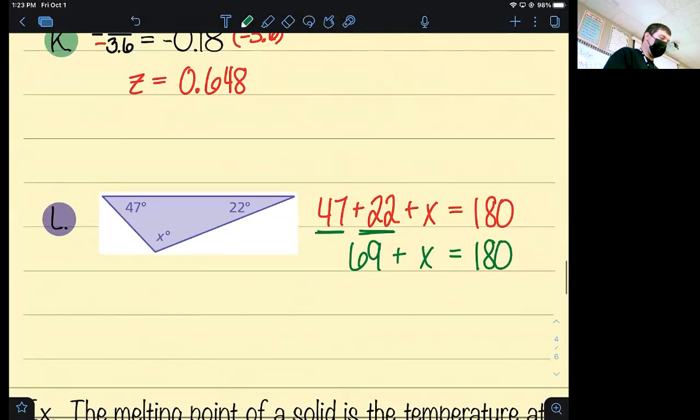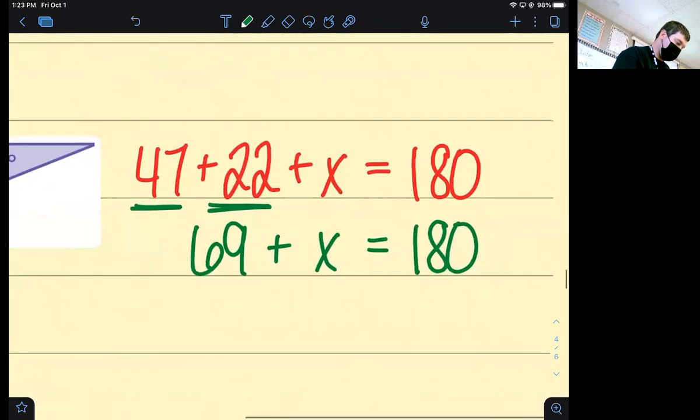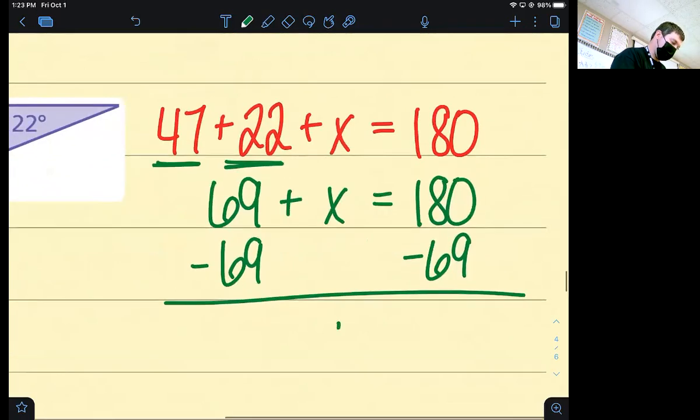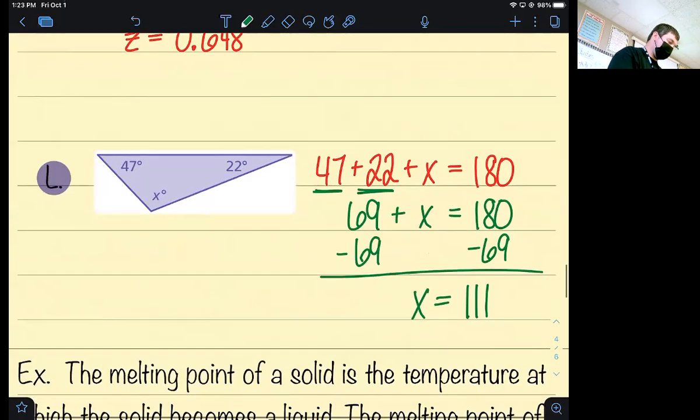Okay, so I've simplified. Now I can get rid of that 69 degrees by, what do you think? Adding or subtracting? What do you think, Dawson? Subtracting, that's right. So Dawson, tell me what 180 minus 69 is. 111. Perfect. I wouldn't require you to put a degree symbol there.